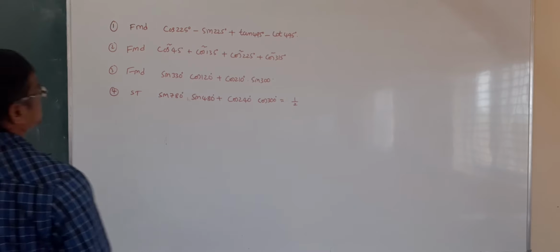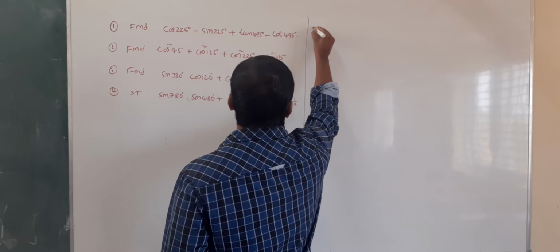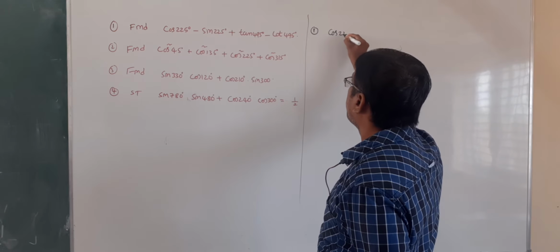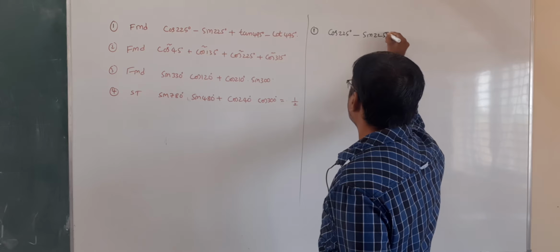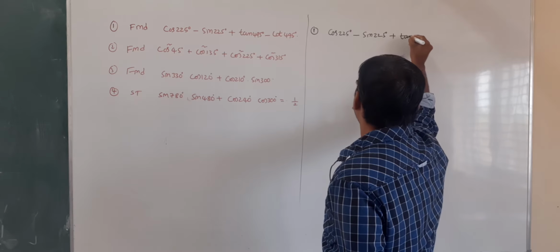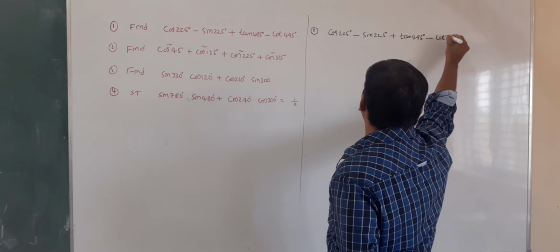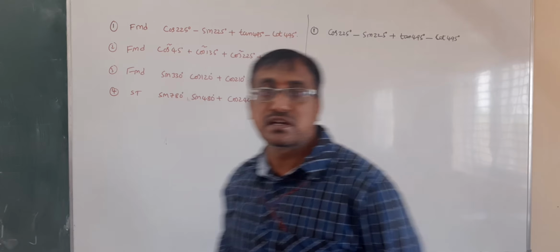Now let us see these problems. First one: cos 225 degrees minus sin 225 degrees plus tan 495 degrees minus cot 495 degrees. You have to find this value.